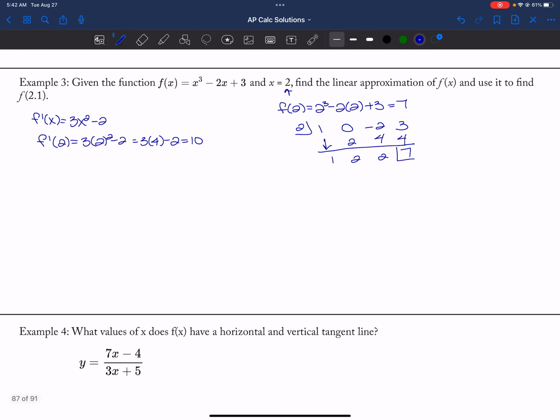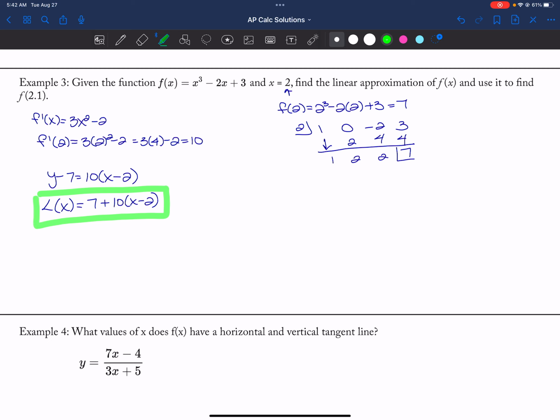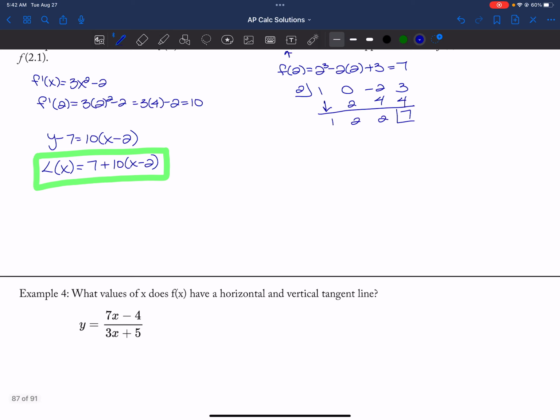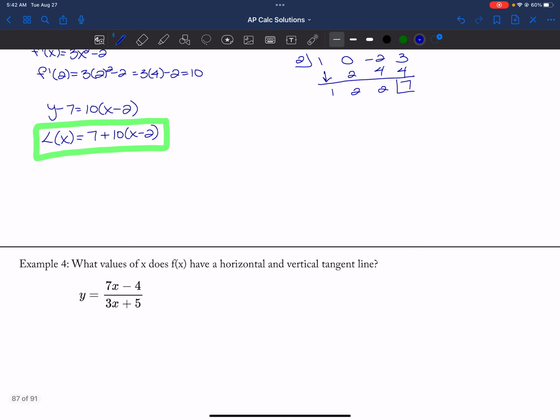So my tangent line would have been y minus 7 is equal to 10 times x minus 2. My linearization, all I do is move the 7 to the other side. So that is my linearization equation. And then I want to use that to find f of 2.1.